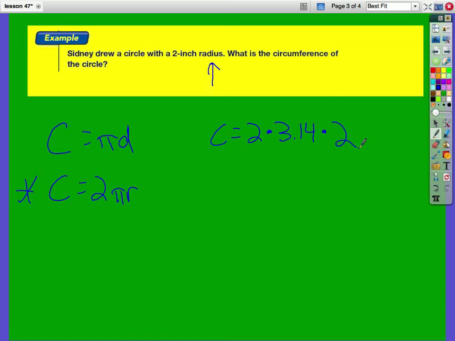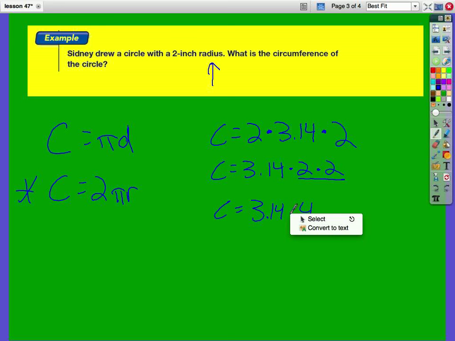Now, instead of doing the 2 times 3.14 right away, remember that we have properties that say if everything in the problem is multiplication, we can start moving the numbers around to make easier multiplication problems. So what I'm going to do is do my 3.14 times 2 times 2. Now I can multiply that 2 times 2 first, which is 4.